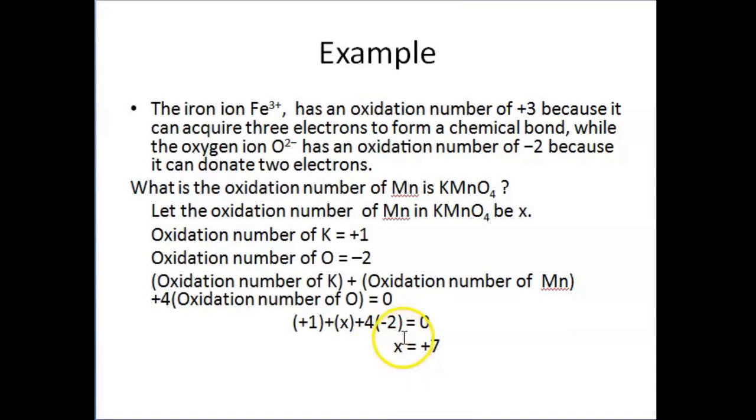Hence we could say that the oxidation number of manganese is equal to +7 in KMnO4. So it would be very simple to calculate the oxidation number if we remember all the rules to be followed while calculating oxidation number.